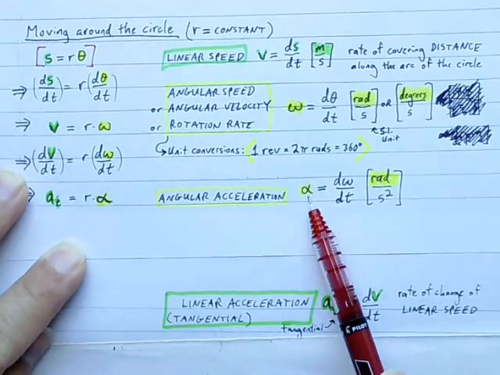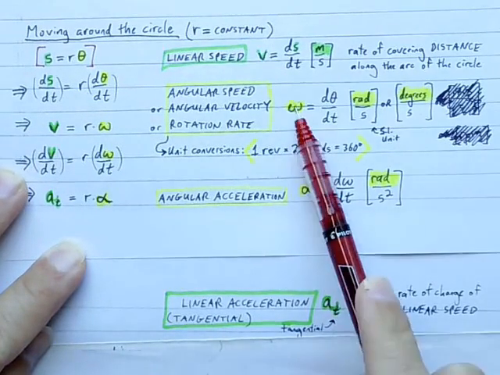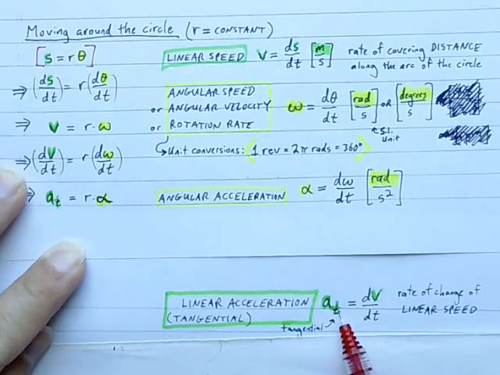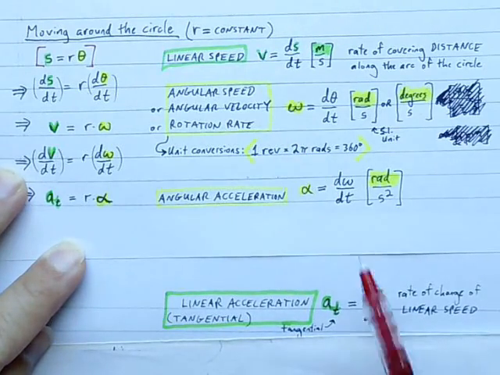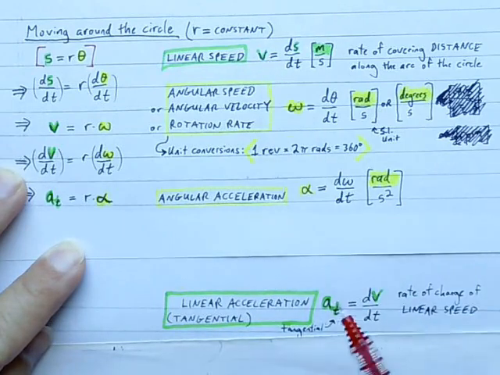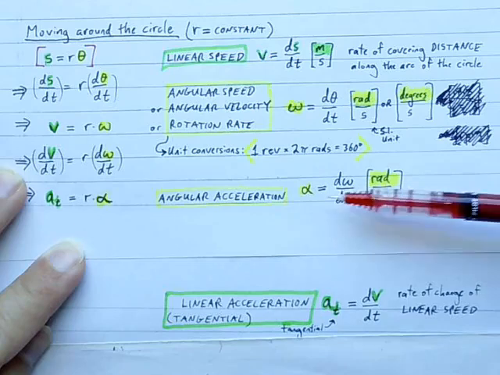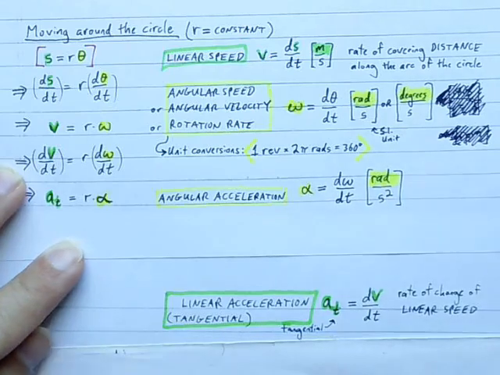So alpha is the instantaneous rate of change of the angular speed, and your tangential acceleration, a_t, is the instantaneous rate of change of your linear speed. So this is a linear quantity measured in meters per second squared, and this is an angular quantity measured in radians per second squared. Okay, let's pause there.